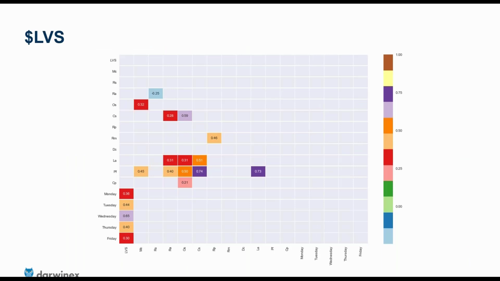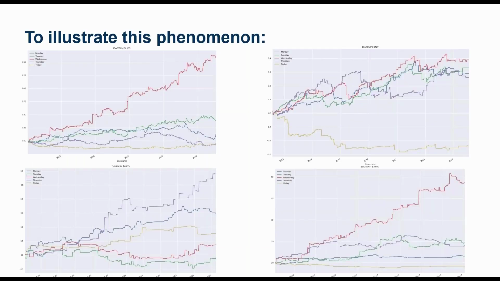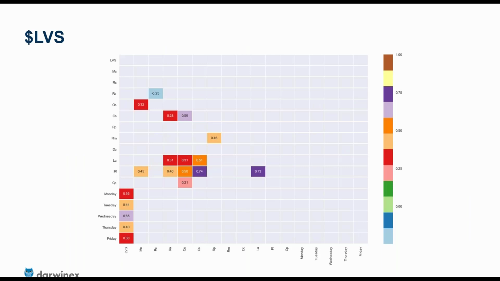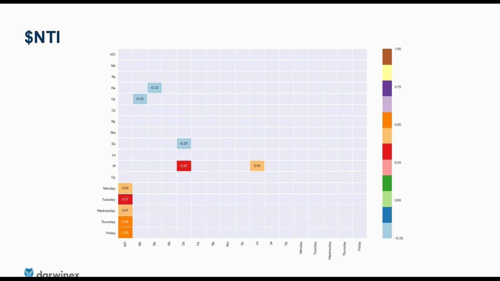So in LBS's case, for instance, where you clearly see in the top left chart the red curve being Wednesday's cumulative returns, this is shown conclusively here with the overall evolution of LBS corresponding to a 0.65 positive correlation over time. In the case of NTI, that is inconclusive along all the different days, as Monday, Tuesday, Wednesday, and Thursday sort of hover between the 0.37 to 0.5 region.